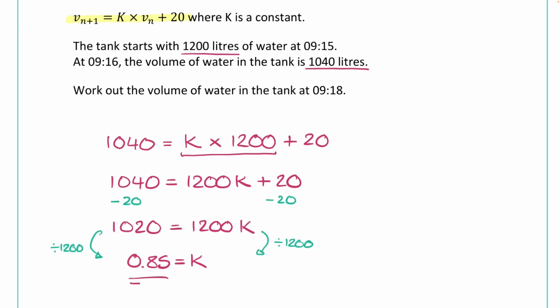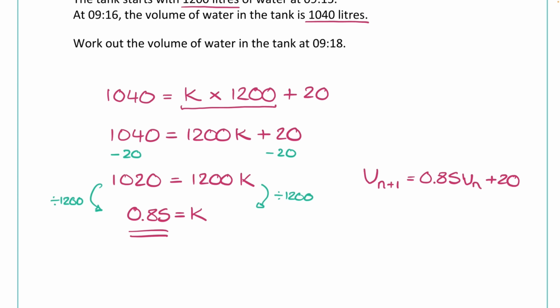Now we know the value of that constant, we can rewrite our iteration formula. It would now be V_(n+1) is equal to 0.85 multiplied by V_n, the current number, plus 20. So we now know the volume of water at 9:16, which is where we're at the moment, is equal to 1,040 litres.